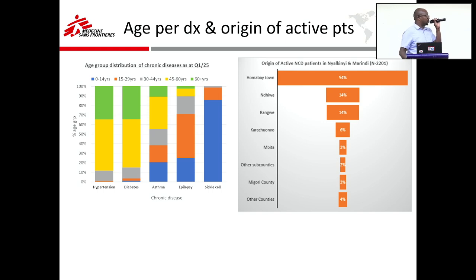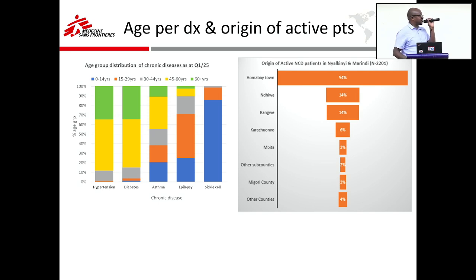So you can see the blue one, especially for sickle cell, epilepsy, asthma, and type 1 diabetes. We also have pediatric patients.